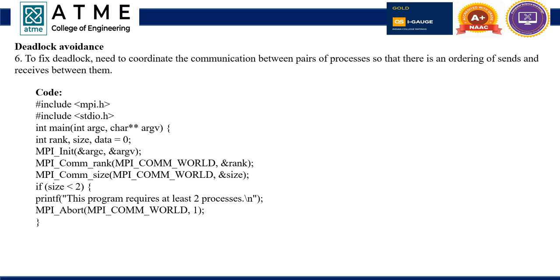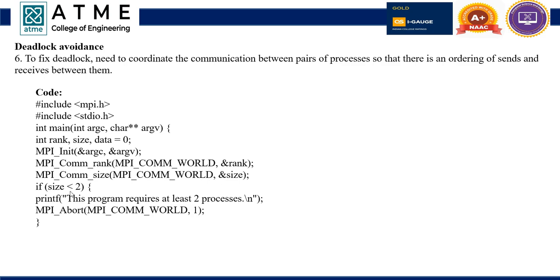Get the rank ID first. So get the rank ID for the current process using MPI_Comm_rank with MPI_COMM_WORLD. Then get the total number of processes, that is the size, using MPI_Comm_size with MPI_COMM_WORLD.